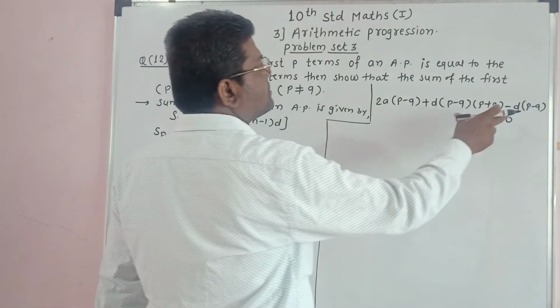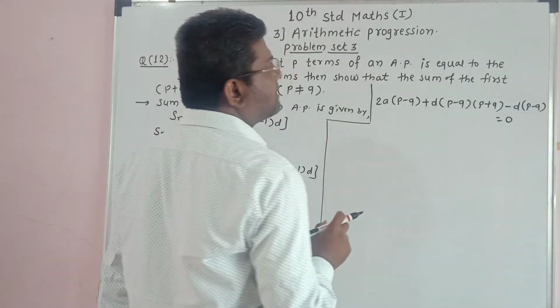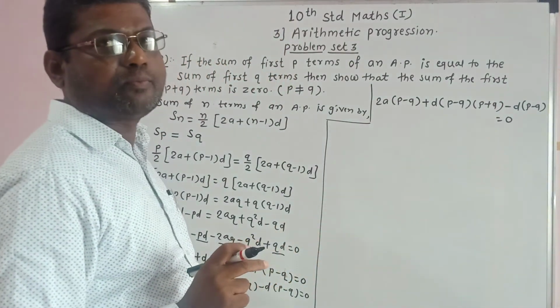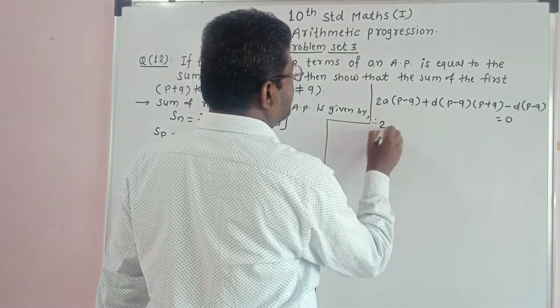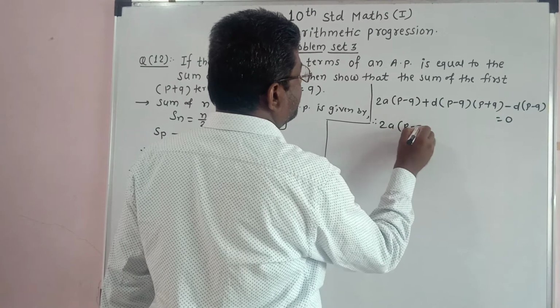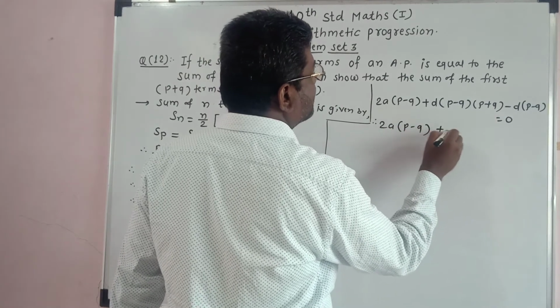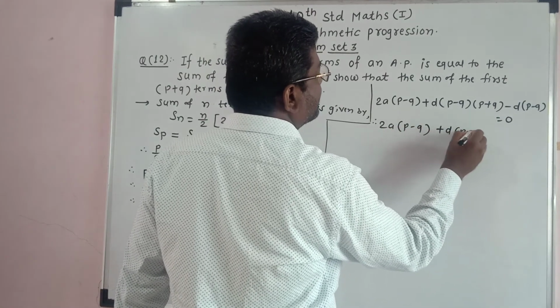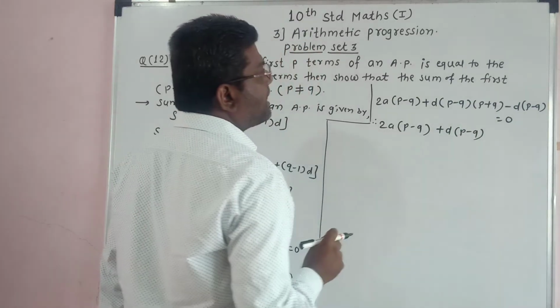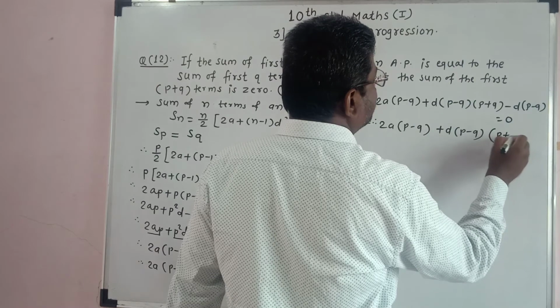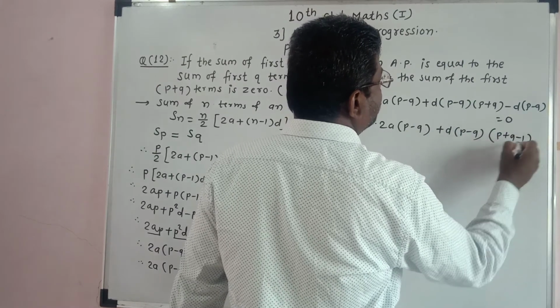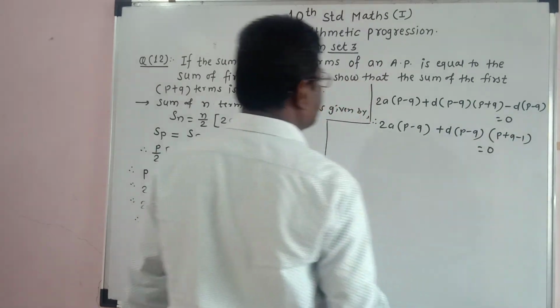Now from these two terms we can take d into p minus q, this bracket common, therefore 2a in bracket p minus q plus d into p minus q, and in another bracket there will remain this p plus q minus 1 is equal to 0.